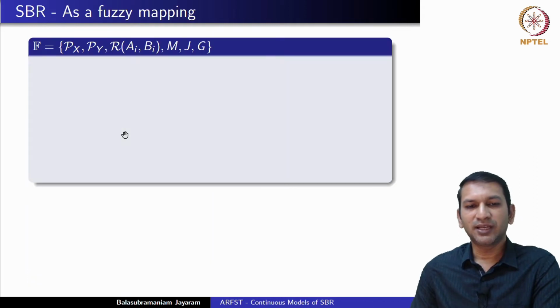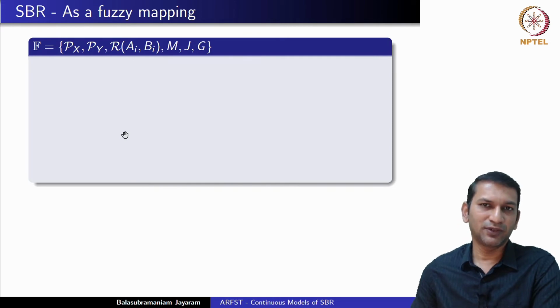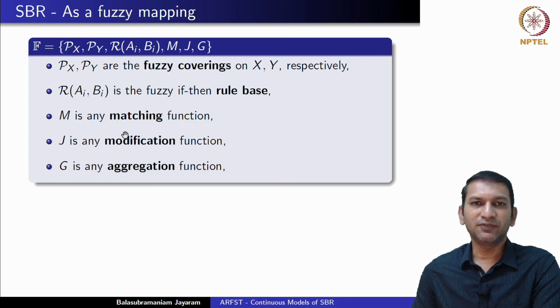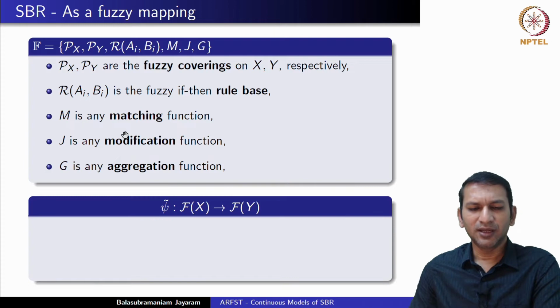However, if you look at SBR as fuzzy mapping, that is a mapping between the set of all fuzzy sets on X to the set of all fuzzy sets on Y, then the fuzzifier H and the defuzzifier small g do not play a role. So these are the factors that will affect the inference. And given this, how will the overall function look like? We denote it by psi tilde.